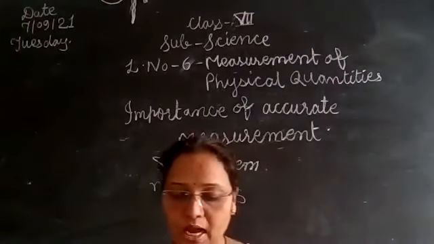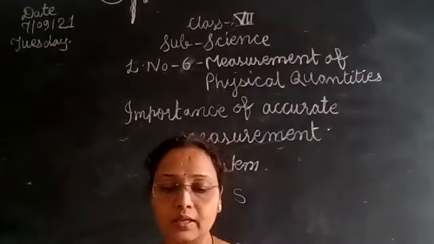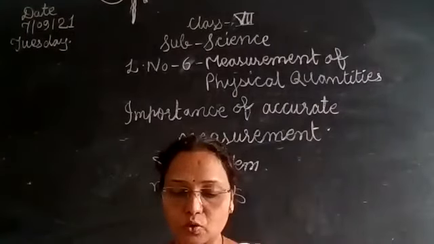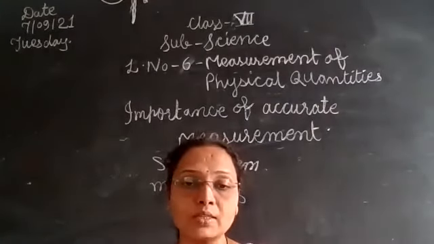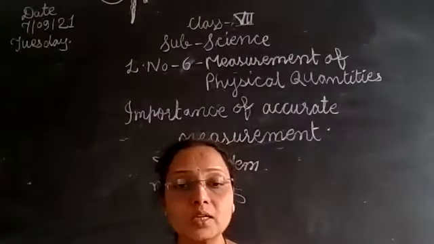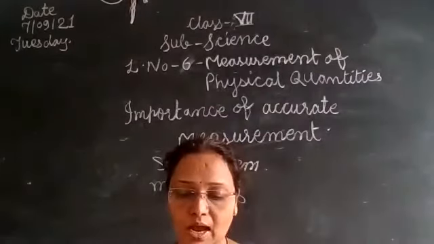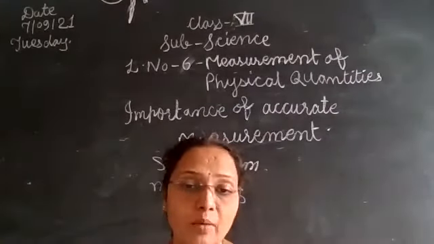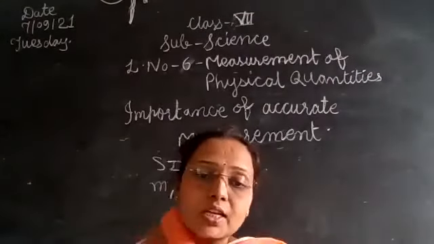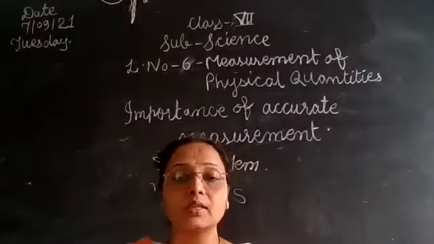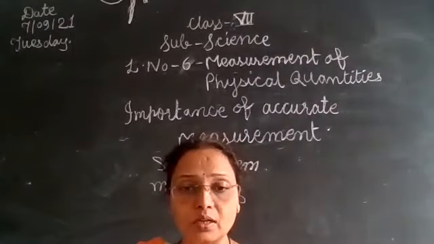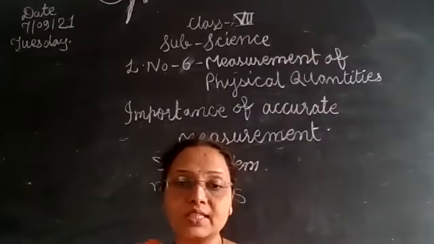In the MKS system, mass is measured in kilogram, distance in meter, and time in second. In the CGS system, mass is in gram, distance is in centimeter, and time is in second.